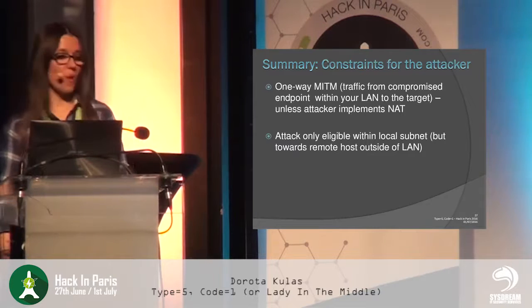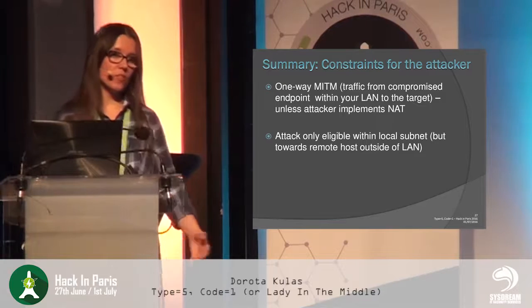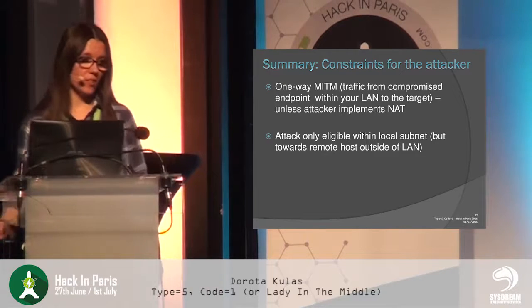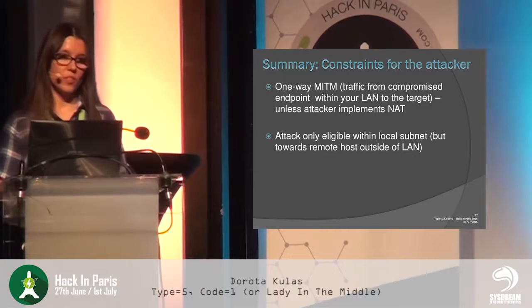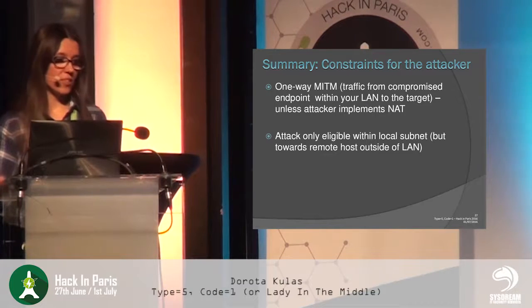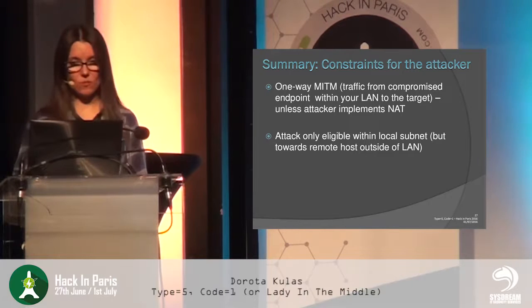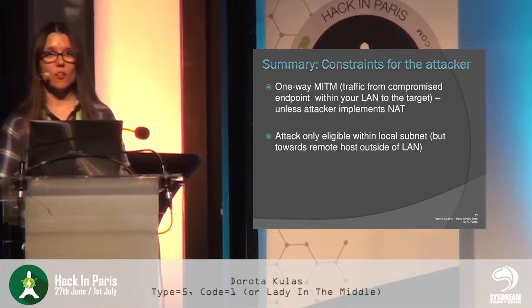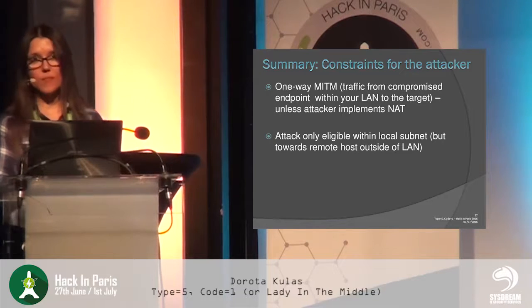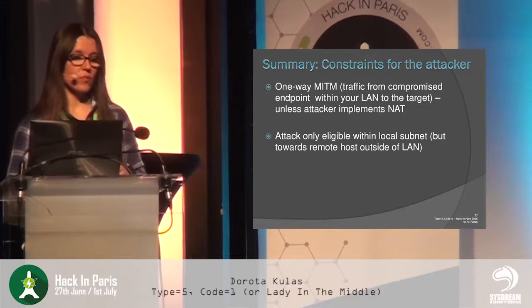Constraints. So this is one-way man in the middle, but you can overcome that by doing network address translation. And you have to be, as an attacker, on the same subnet as your victim. But it's towards the remote host, and in comparison with ARP spoofing, first you just send 2 packets instead of constantly poisoning the ARP routing table.